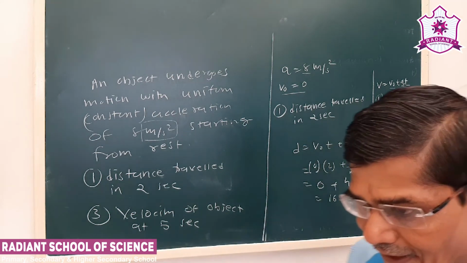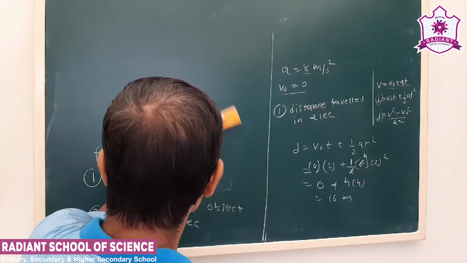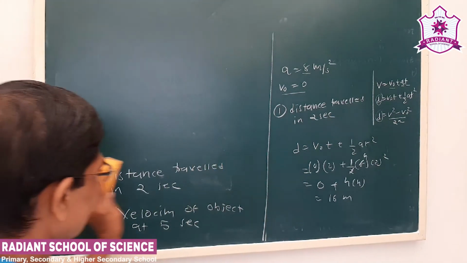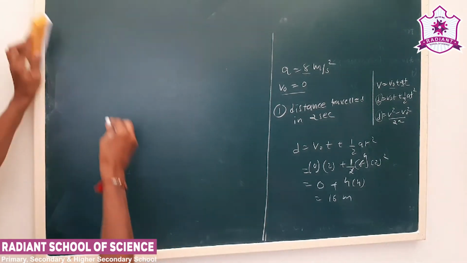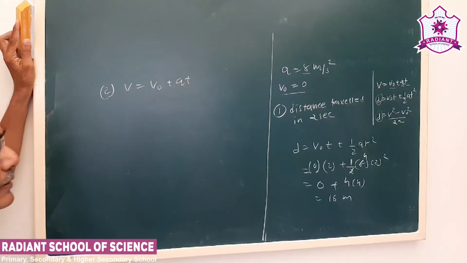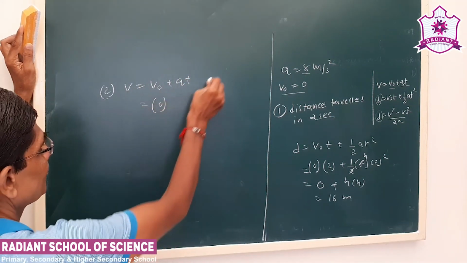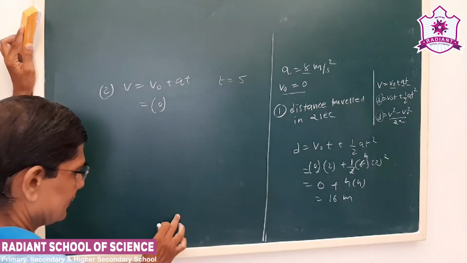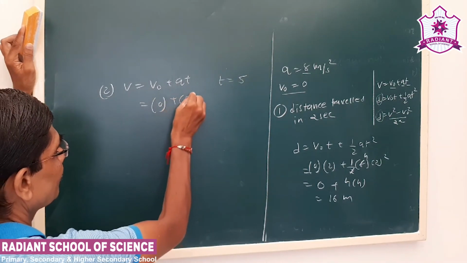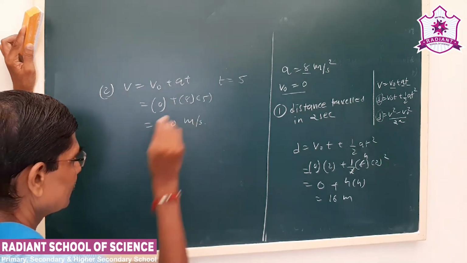So the first equation is very much useful to us. V is equal to V0 plus AT. Now V0 is 0, and here the time given was written. What is the unit of velocity?